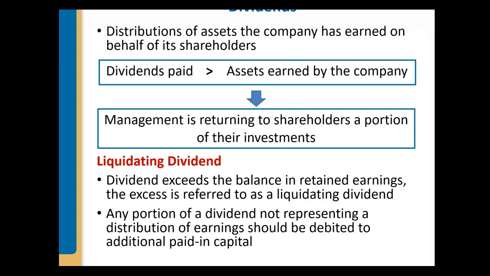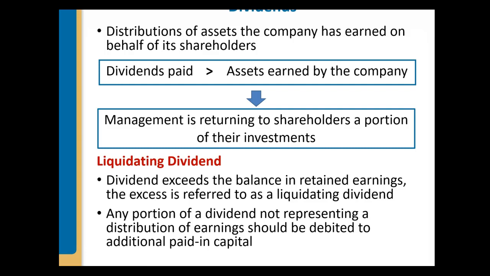So most companies view retained earnings as the amount available for dividends. In unusual instances in which a dividend exceeds the balance in retained earnings, the excess gets referred to as liquidating dividends because some of the invested capital is actually being liquidated.